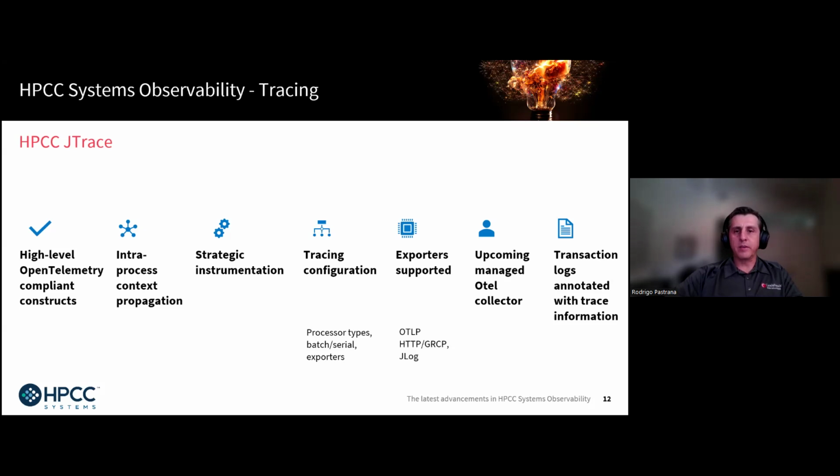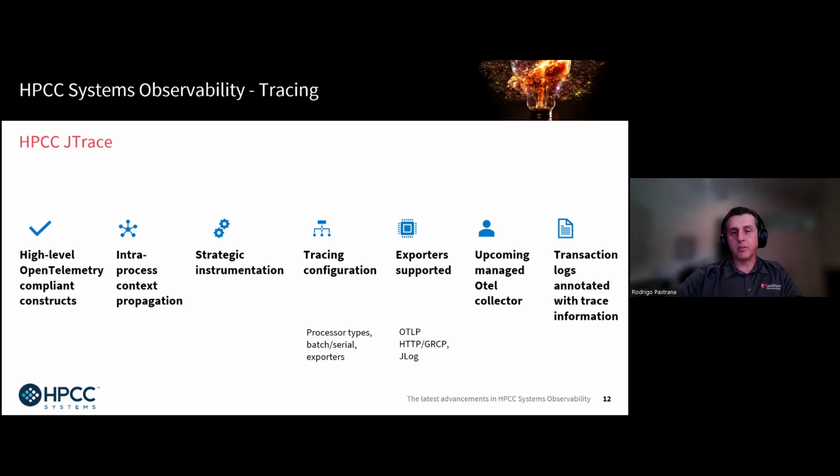HPCC has recently created JTrace, which is a collection of high-level constructs facilitating manual instrumentation of the HPCC platform. It is based on OpenTelemetry libraries and adheres to and enforces OTel standards. JTrace handles parallelism and object life cycles automatically, which makes our developers' task very simple.